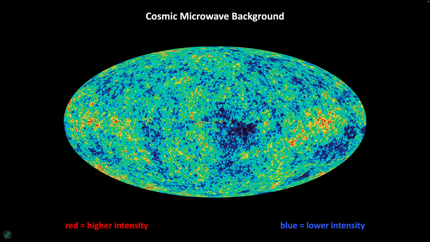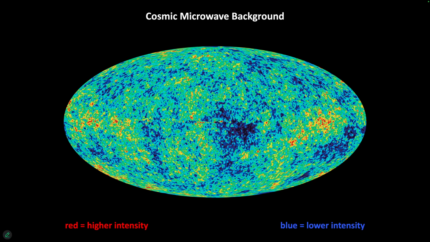It is essentially the same in all directions, except if we look in real detail, we find these fluctuations, as indicated by the scale here. Anything in red is slightly higher intensity microwaves, anything in blue is slightly lower. It's only a small variation because it's essentially the same in all directions, but there are small variations, less than a part in 1,000, between different points in the sky.